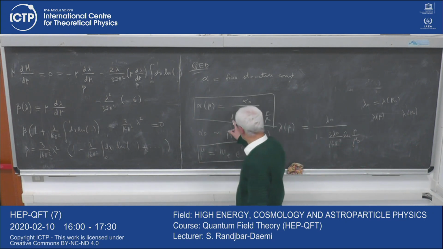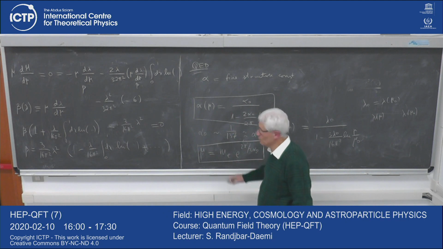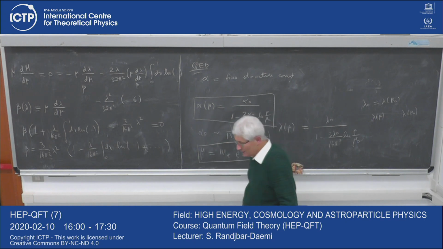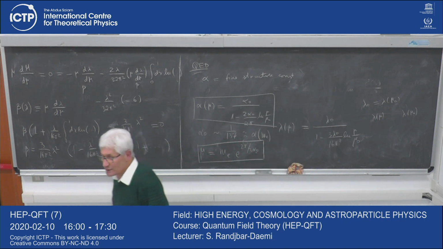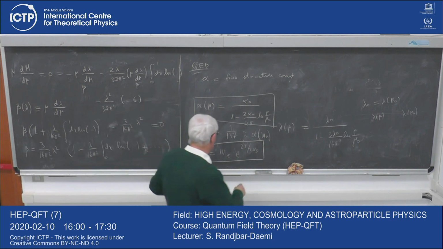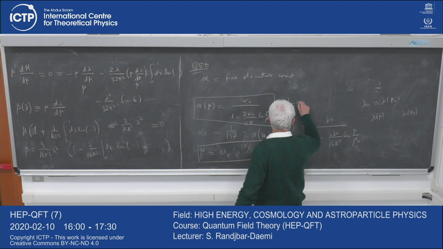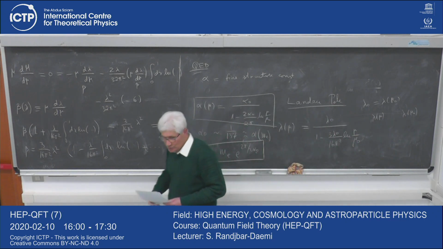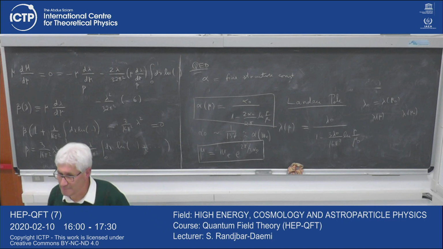Of course, you don't have to reach exactly 1 in order to reach that point, because it's a dimensionless quantity. If it becomes large, then the perturbation theory will not be reliable. Anyway, this is called the Landau pole. Landau was the first person to discover this and conclude that QED is inconsistent.